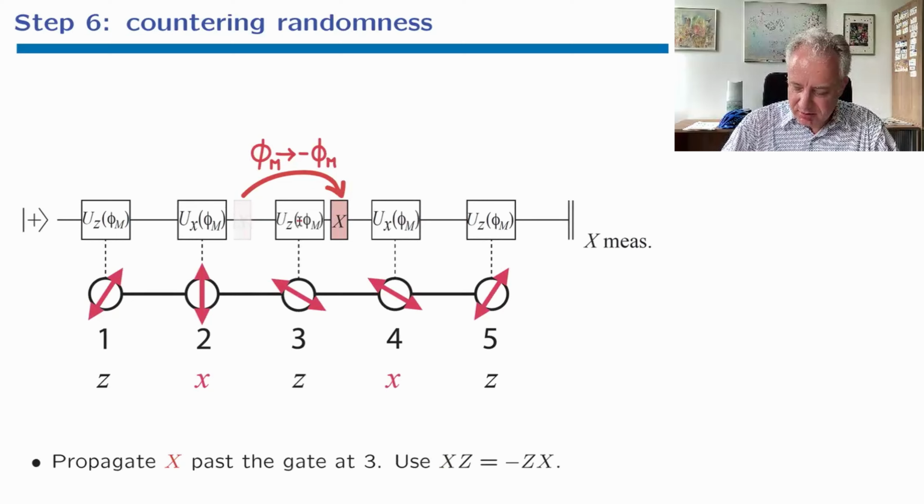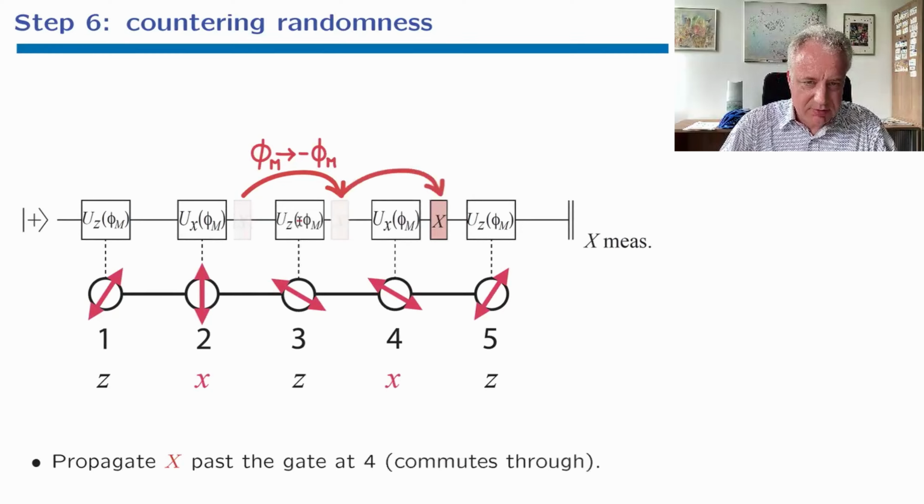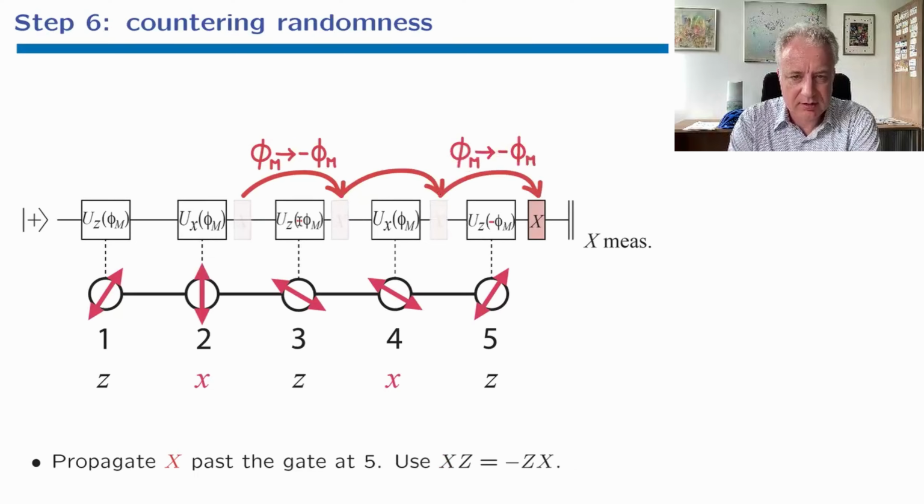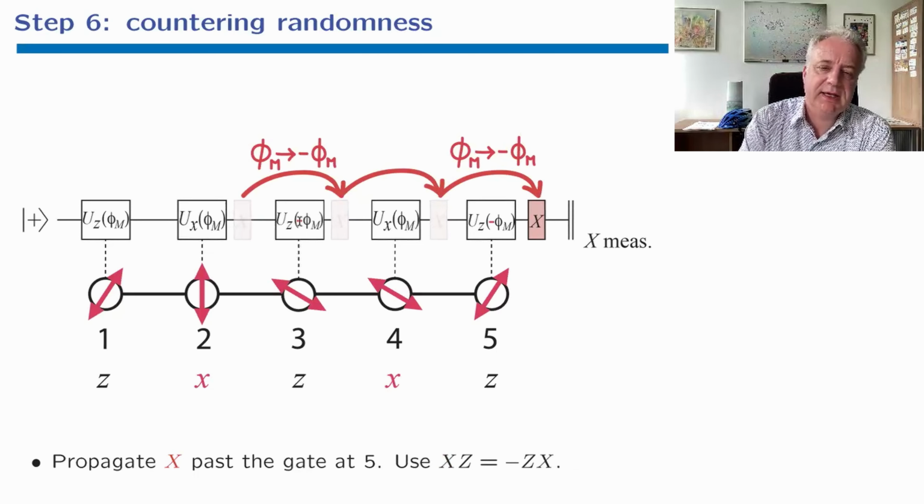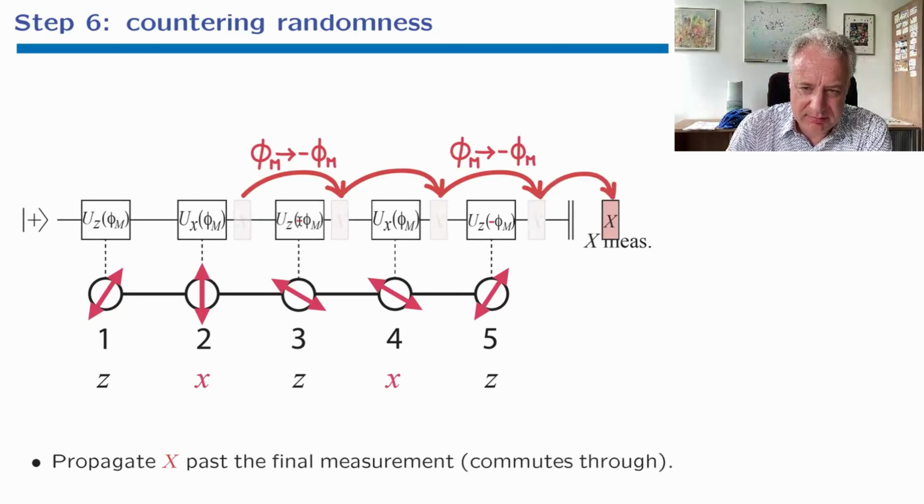That was the first propagation step, but that's not the end of the computation yet. So let's propagate further. Here we have an X rotation commuting with this Pauli X, so nothing happens here. In the next step, we have what we have already seen two steps earlier. For the Z rotation, the rotation angle is flipped into minus itself. Again, that's not the rotation we intended. Now we further propagate that Pauli past the measurement. Nothing changes here.